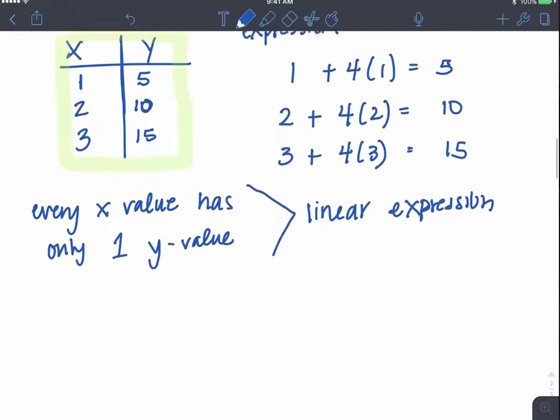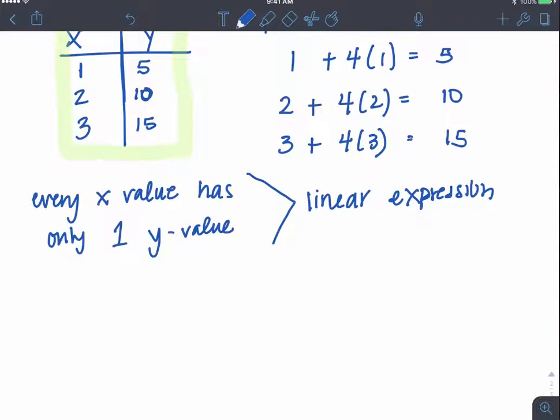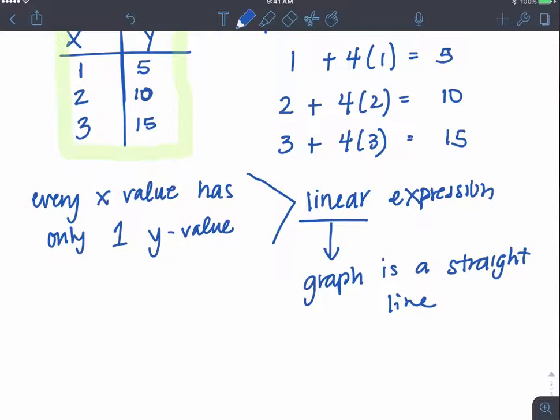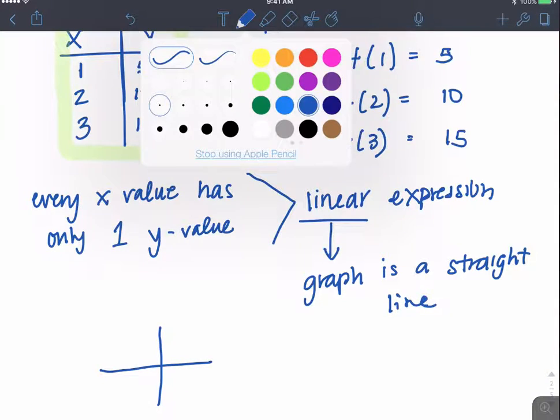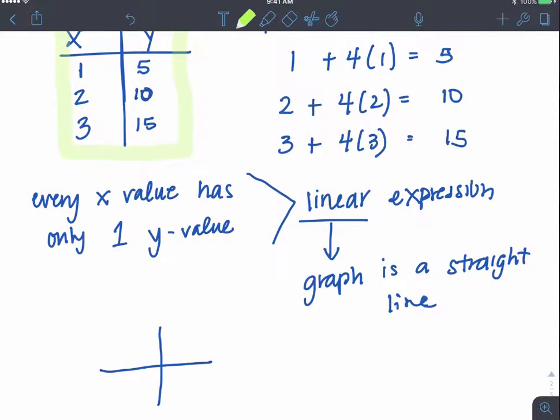Because if I were to graph this, I would see that the graph is a straight line. Okay, it's a straight line. If I were to put these on a coordinate plane, I would see that my graph is a straight line.